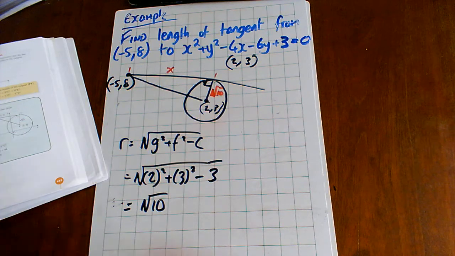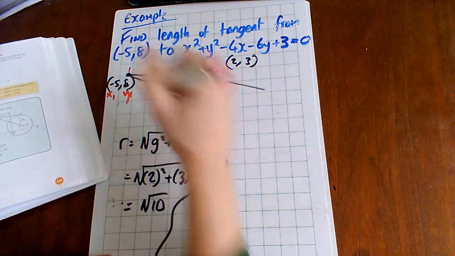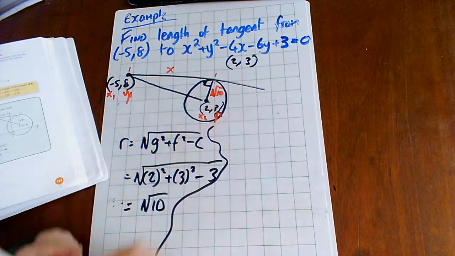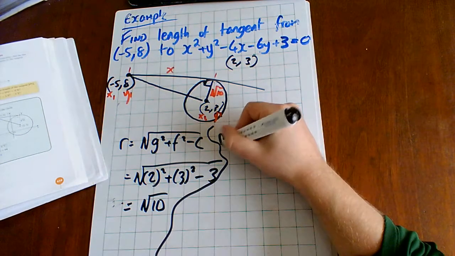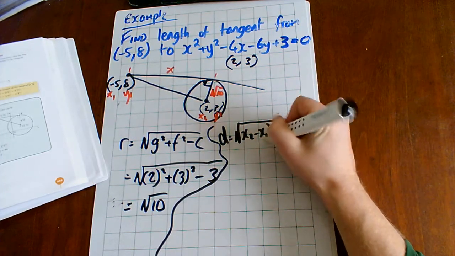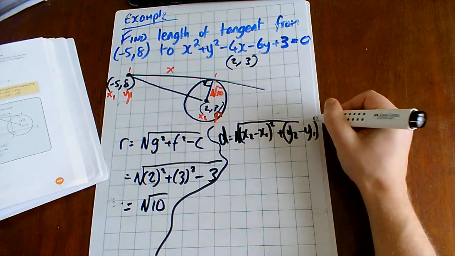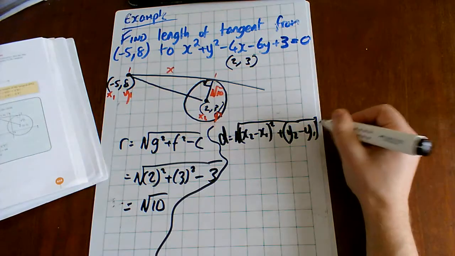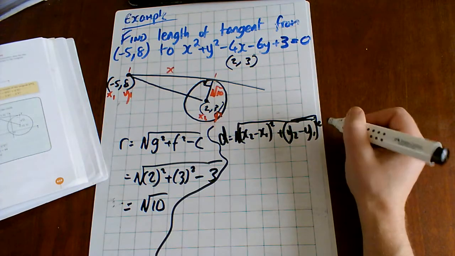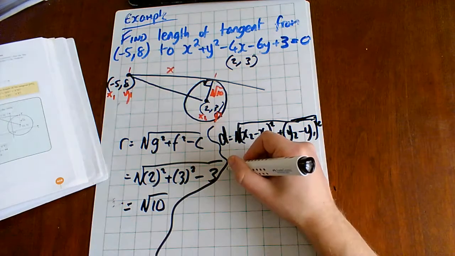We can now also find out this length here because that's the distance between 2 points. So if we label this x1, y1 and this x2, y2, go to our maths tables and write out our distance formula. The distance formula is the square root of x2 minus x1 squared plus y2 minus y1 squared. So I'll just make a bit of space there. So we fill that in.